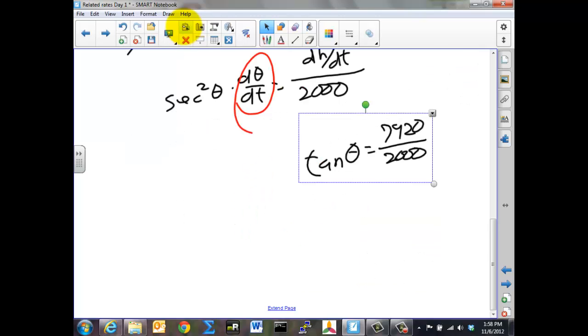How do we do that on our calculating device? 7920 divided by 2,000 equals, second 10, second answer. It'll give you an angle there. I don't know what that angle is. Your calculator is smarter than I am, hopefully. 75?